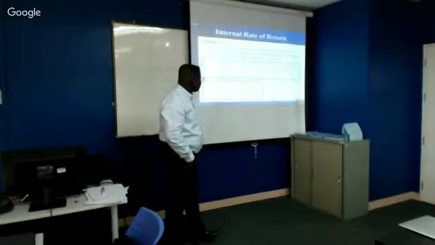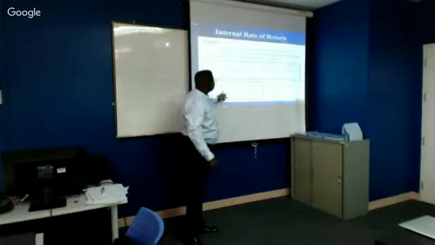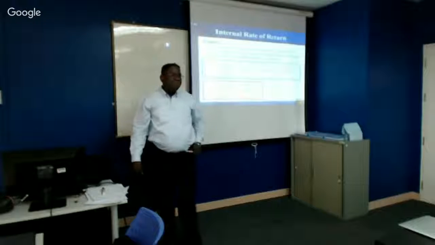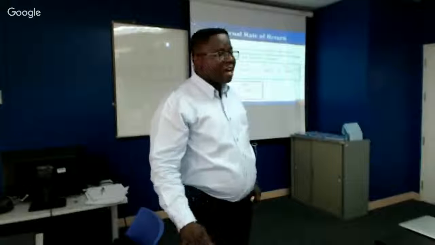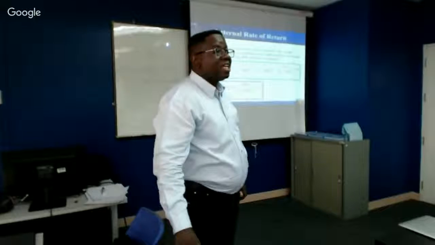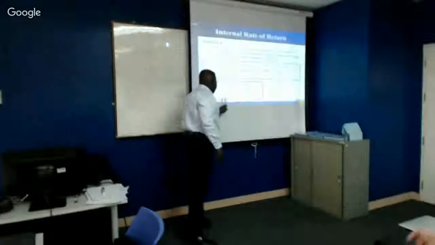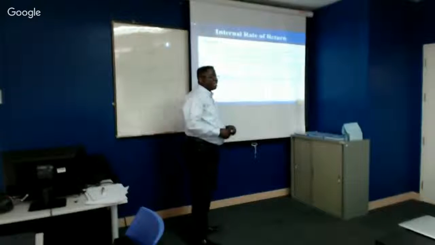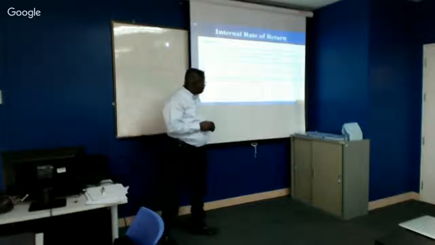So which of the projects would you prefer? If you look at the internal rate of return, which would you prefer? The first project H or project I? Right. You go for project I, right? Because it has the higher internal rate of return.